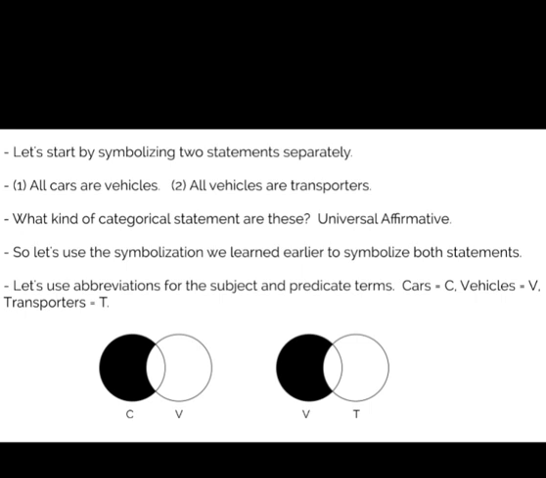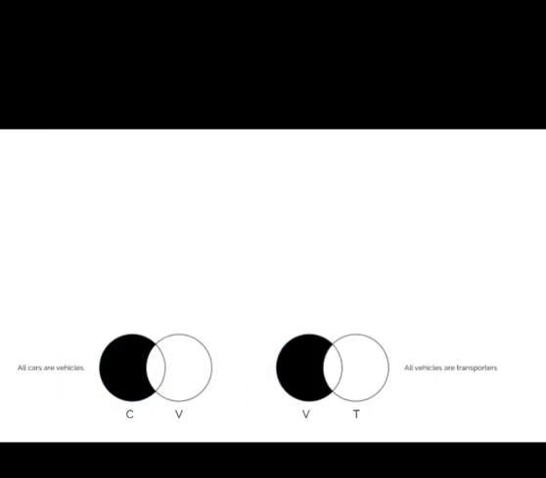We took two different statements and made a separate Venn diagram for both of them, or a separate, representing it with the circles. So the one on the left says all cars are vehicles, and this one says all vehicles are transporters. Good so far. That's just what we already learned earlier, right? That's just turning any one statement into its symbolic form like this. Right? That should be straightforward.